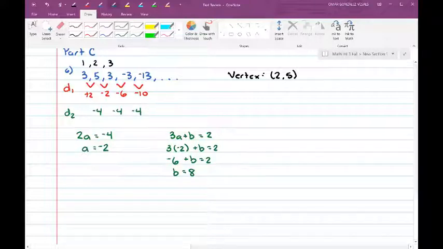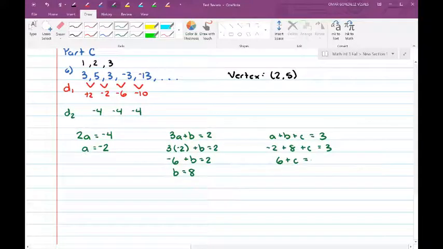Yeah? Okay. And then last one, I got to find out what c is. So I'm going to go a plus b plus c equals what? Equals 3. So negative 2 plus 8 plus c equals 3. 6 plus c equals 3. Does that make sense?